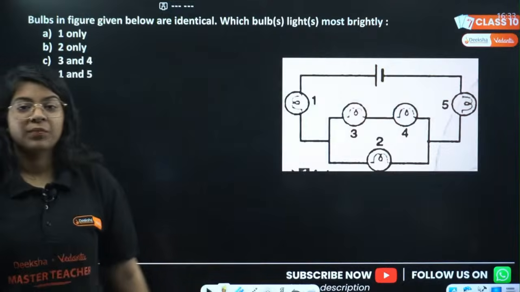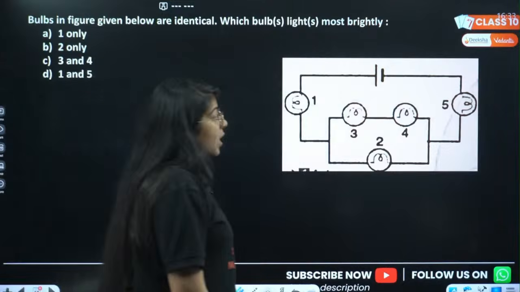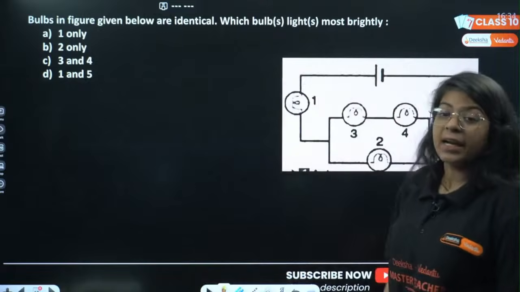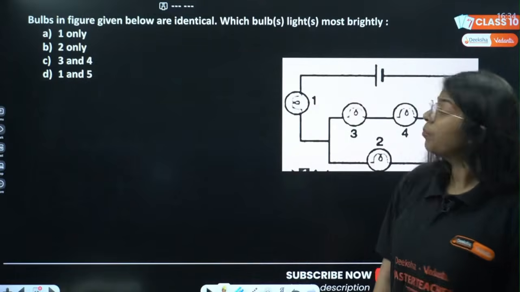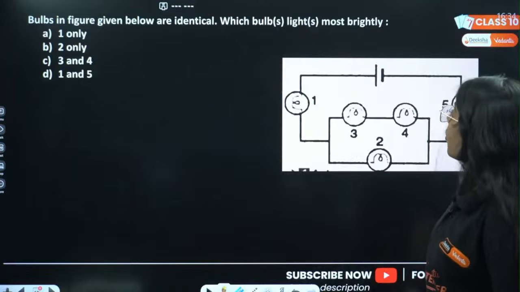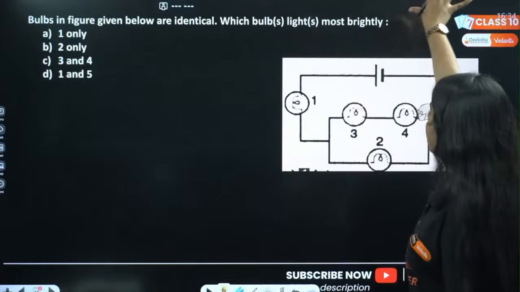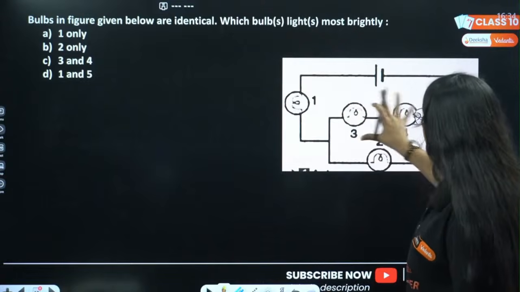Next question. The bulbs in this figure, there are so many bulbs in this figure, are identical. We have identical bulbs. Which bulb will glow most brightly? So 1, 2, 3, 4, 5.